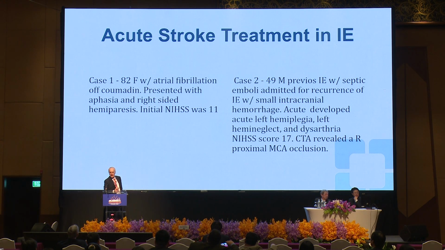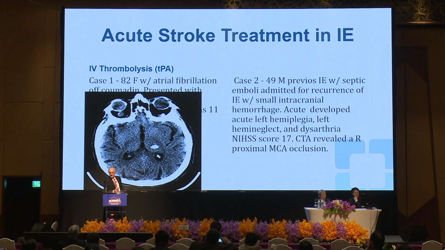Acute stroke, how do you approach them? What treatment options do we have? IV thrombolysis is one option, and that could be for a patient with atrial fibrillation and an embolus to the brain. Thrombectomy is an alternative.